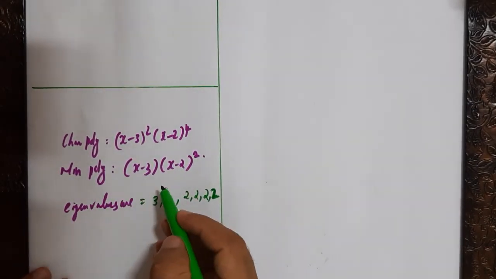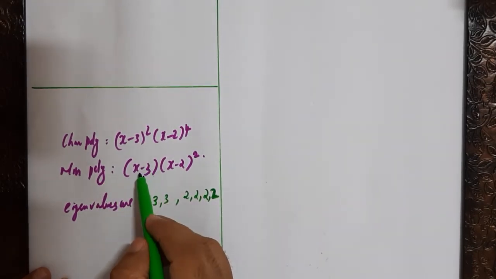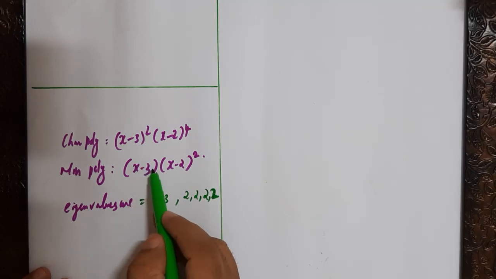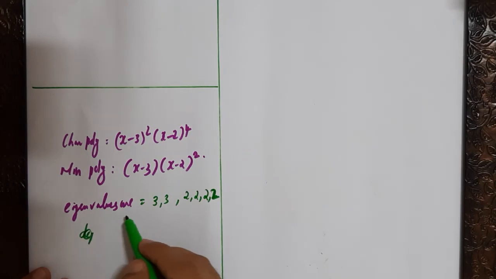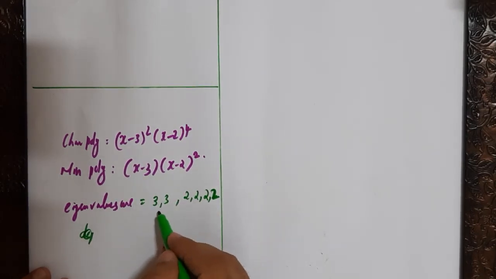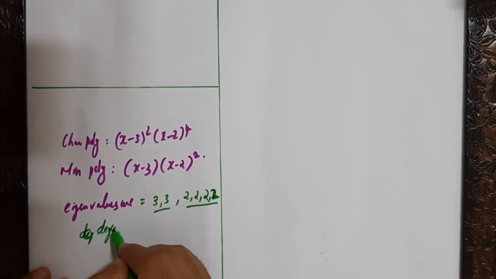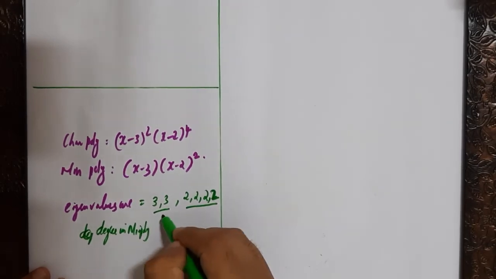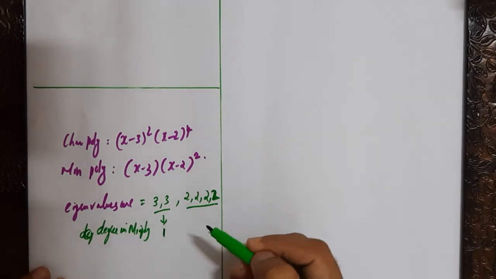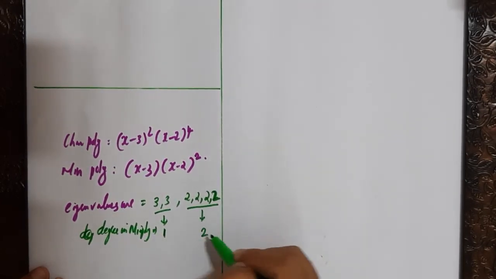Now what is the degree of each factor of x minus 3 in the minimal polynomial? So eigenvalues are these, and the corresponding degree in the minimal polynomial is 1 for 3, and here it is 2 for 2.